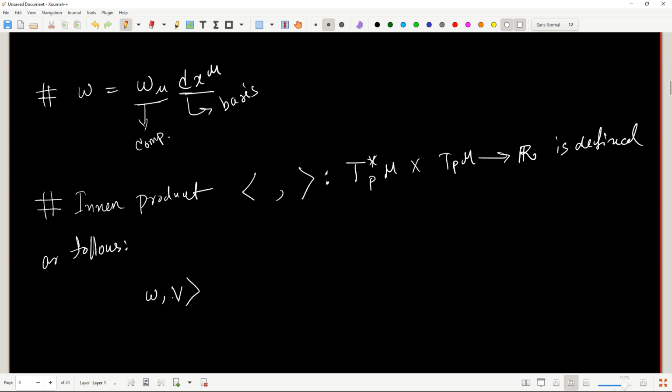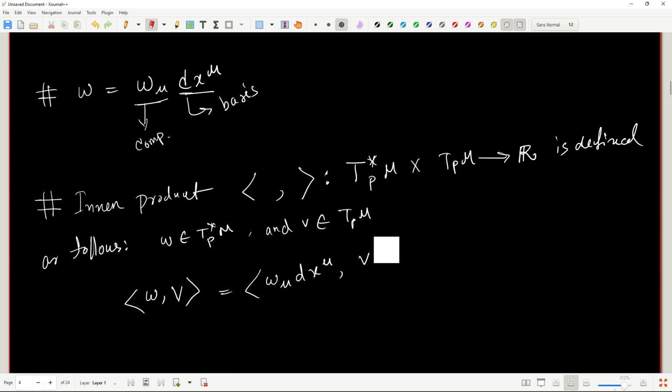omega acting on v, note that omega belongs to T star at P of M, and v belongs to T_P of M. Then we can expand omega as omega_mu dx^mu, and we can expand v as v^rho del/del x^rho. Since these are components, we can bring them out.